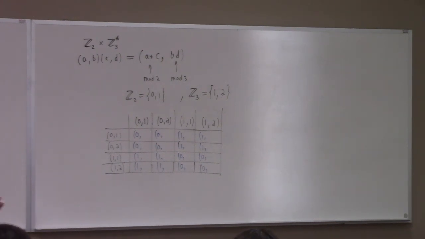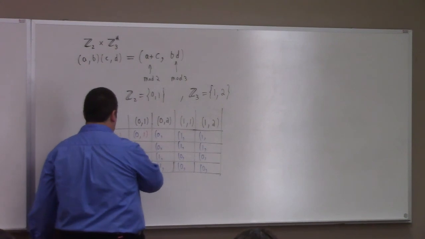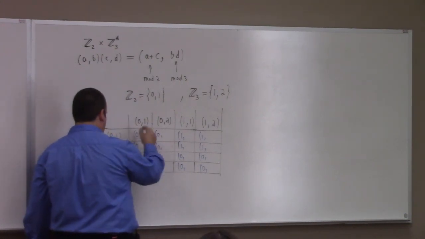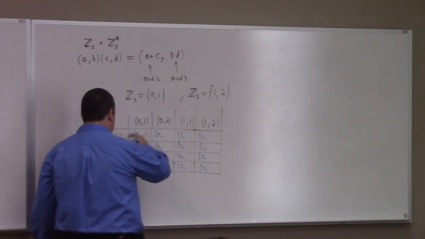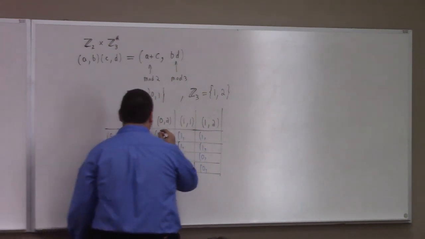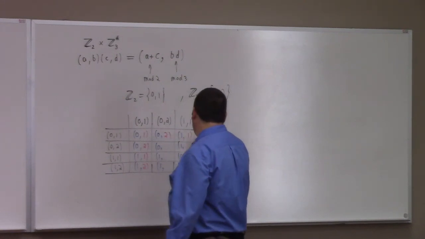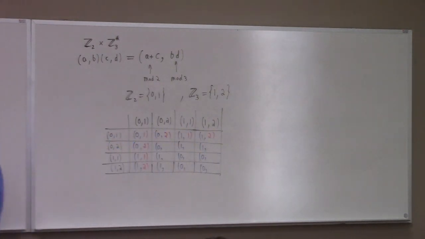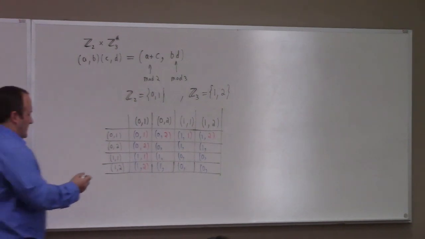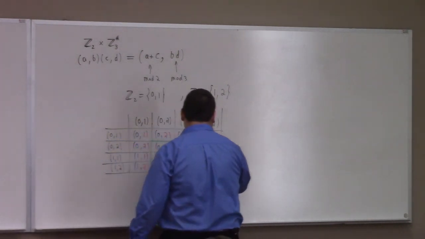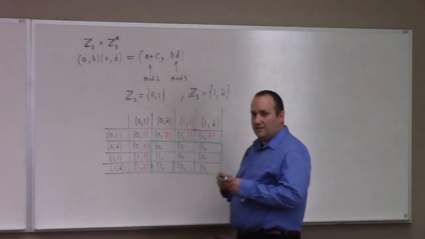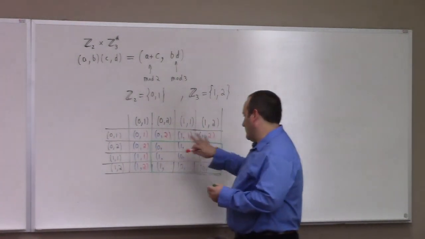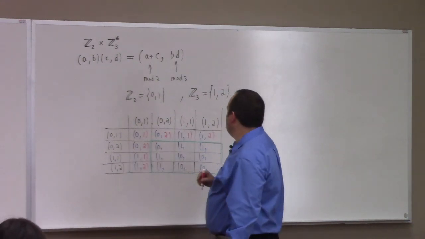You can do it however you like, but 1 times 1 is 1. 1 times 2 is 2. What has to happen in the first column and row if we did things right? The most interesting part is what happens down in here. 2 times 2 is 4, which is 1 mod 3.